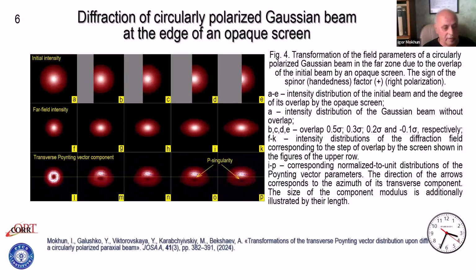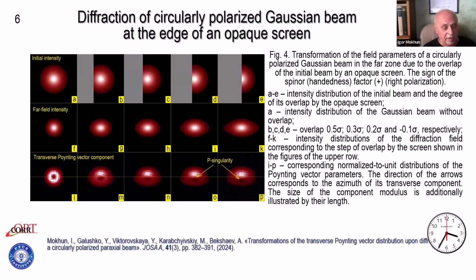Energy flows are transformed similarly if a circularly polarized Gaussian beam diffracts on the screen. The magnitude of the P singularity shift is the same as in the previous case for the same degrees of overlap of the initial beam, and the direction of its shift is also determined by the direction of circulation of energy flows in the input plane.